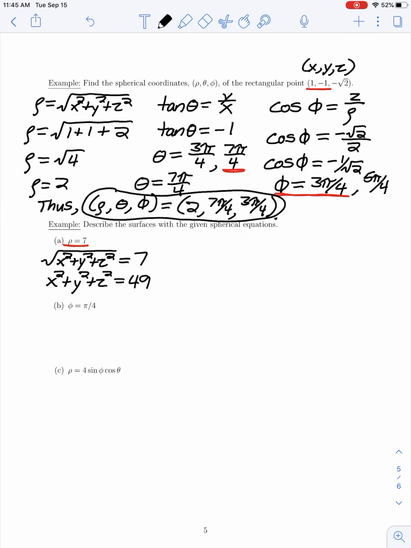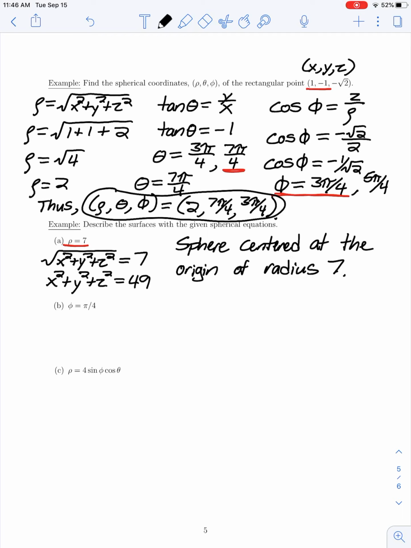So either approach we use there, an intuitive idea or this conversion, we see that our surface is a sphere centered at the origin of radius 7.